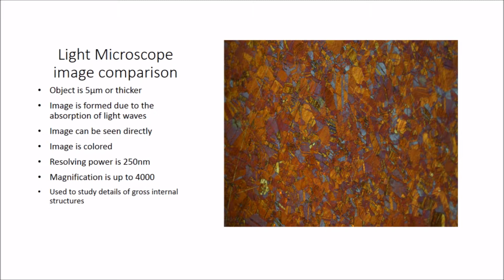Generally, for light microscope images, the object is 5 micrometers or thicker, and the image is formed due to the absorption of light waves. The image can be seen directly and is usually in color. The resolving power is 250 nanometers, and you can have magnification up to 4,000 times. And light microscope images today are used to study details of gross internal structures.